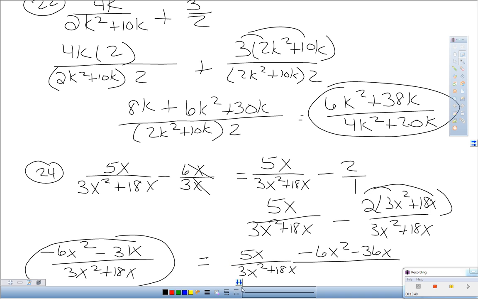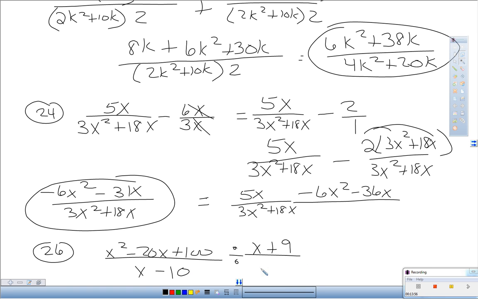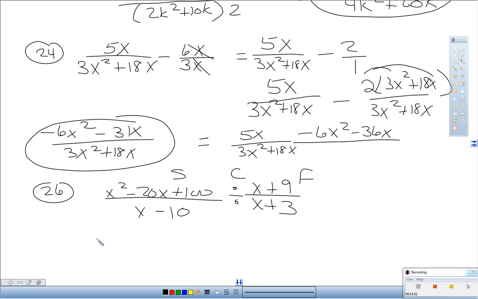For 26, that is a division symbol. So for 26, I've got (x² − 20x + 100) over (x − 10), divided by (x + 9) over (x + 8). Just remember, guys, to stay, change, flip. So this one I'm going to leave.